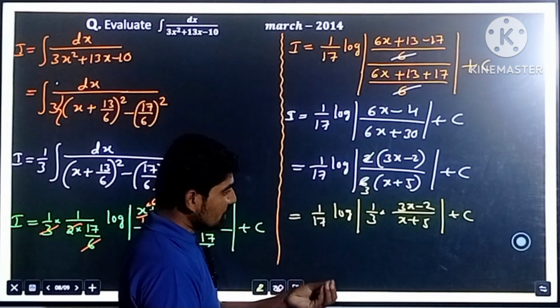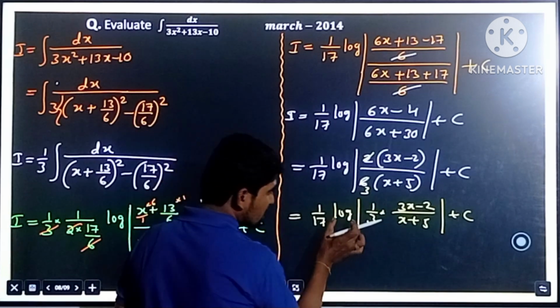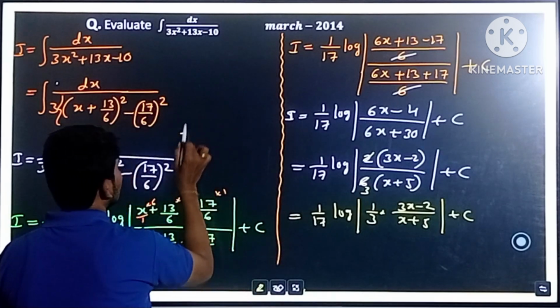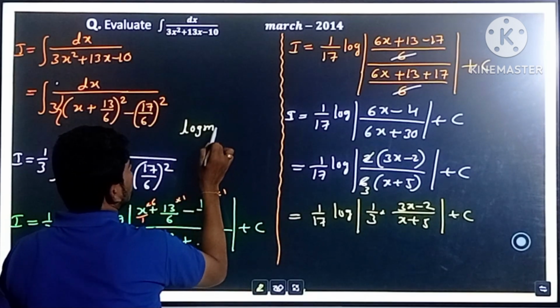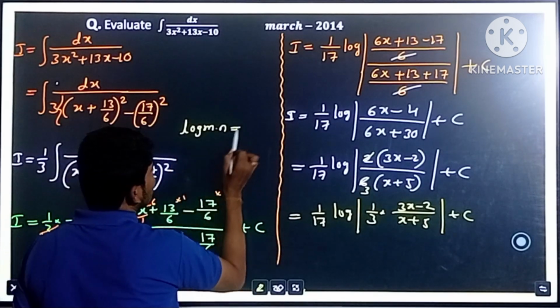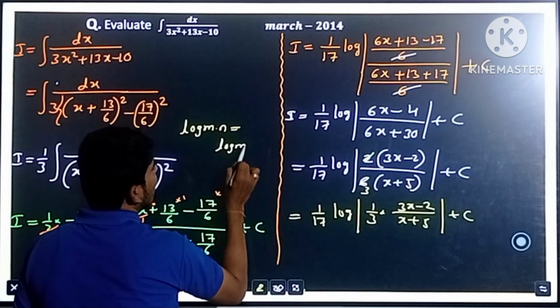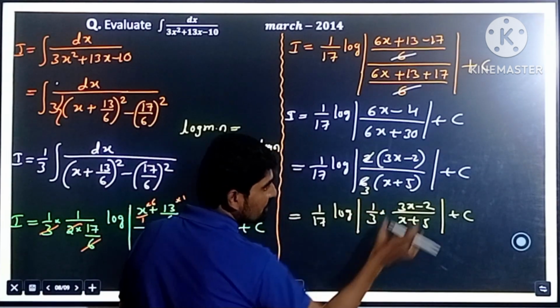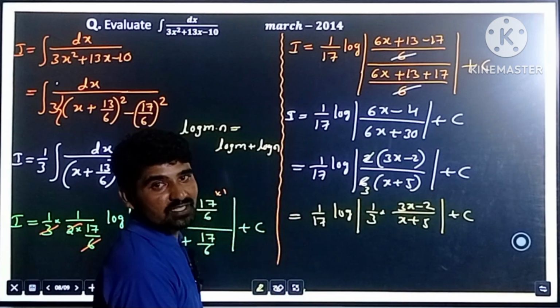Now observe here, by using the property of log, we know the property of log, that is log m into n. It can be expressed as log m plus log n. Therefore here the m is 1 by 3 and n is 3x minus 2 divided by x plus 5.